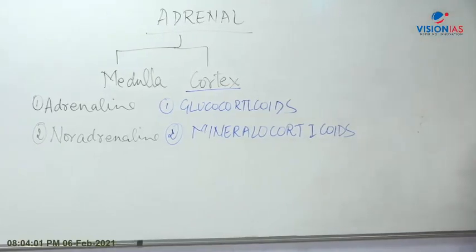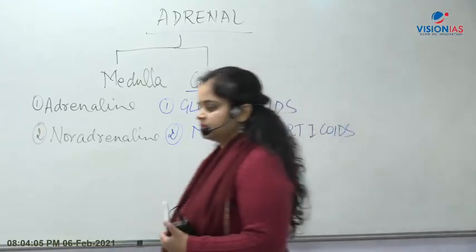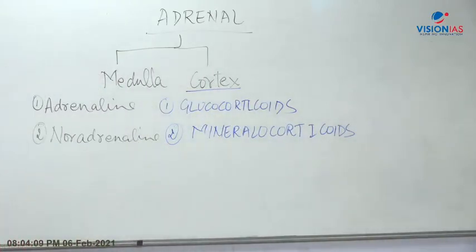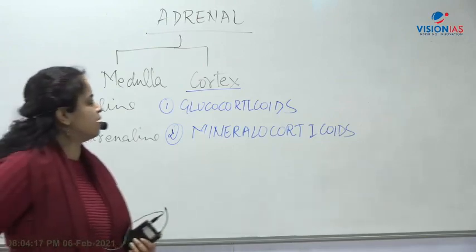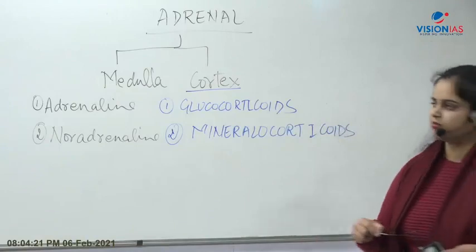They regulate the amount of water and minerals in the body or in the blood. You can write down specifically amount of water and minerals in the blood or in the body.